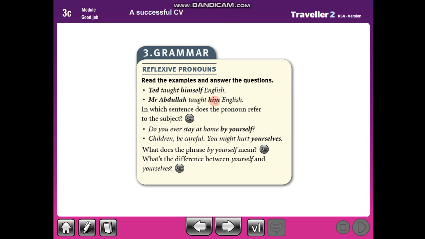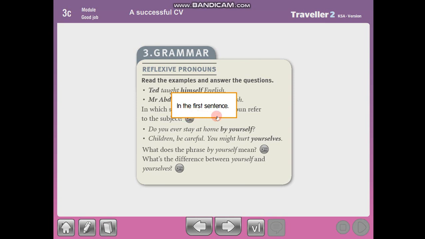Mr. Abdullah taught someone else. This is an object pronoun. In which sentence does the pronoun refer to the subject? Himself and him. The first or the second? It is in the first sentence.